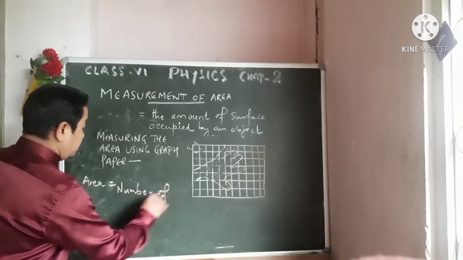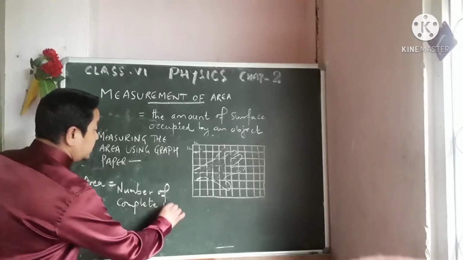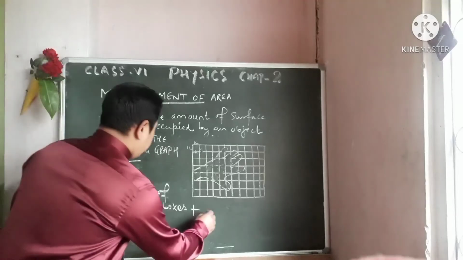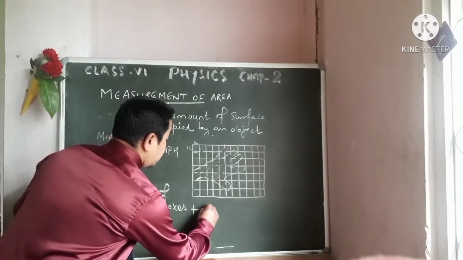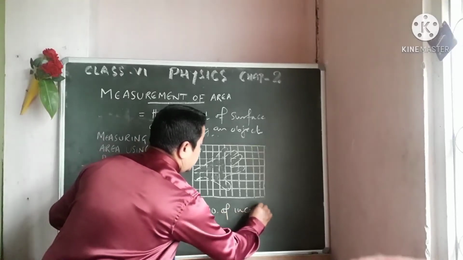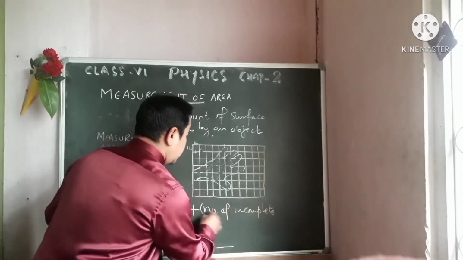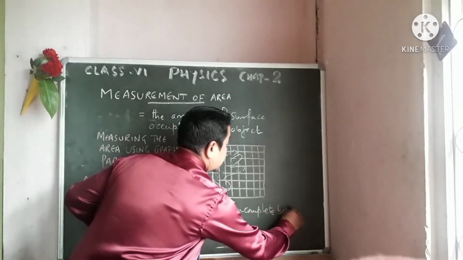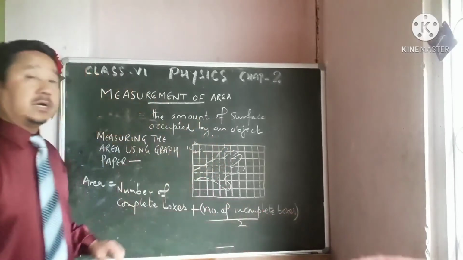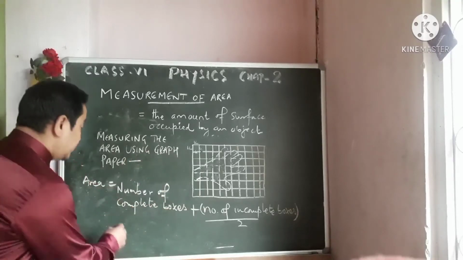Number of complete boxes plus number of incomplete boxes divided by 2. That's the method, that's the formula in fact.